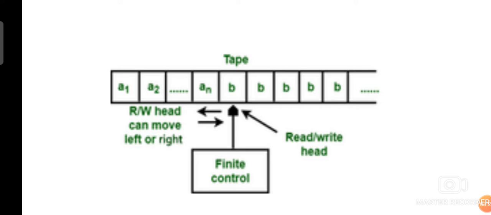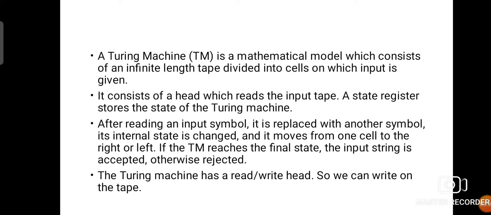Currently it will point to one cell. So during the state transition, the current input symbol, that is the cell on which the head pointer is currently present, will be consumed for the operation. And also a state register stores the state of the Turing machine. The system will undergo a sequence of states to complete its operation.